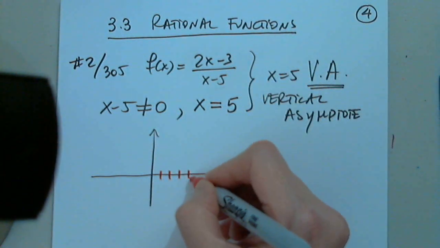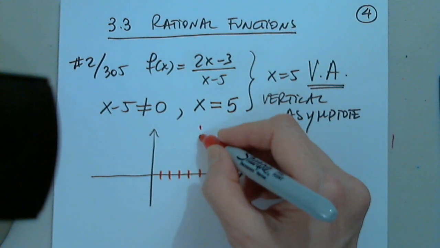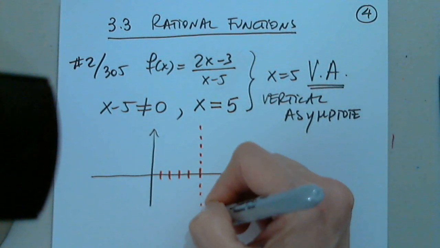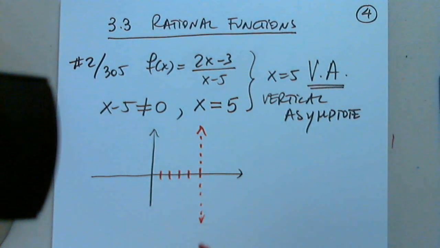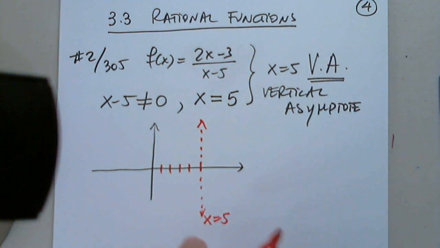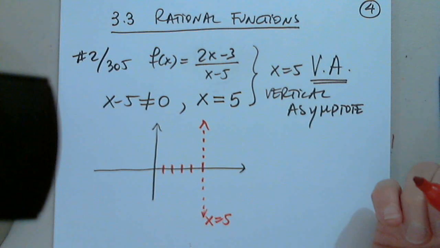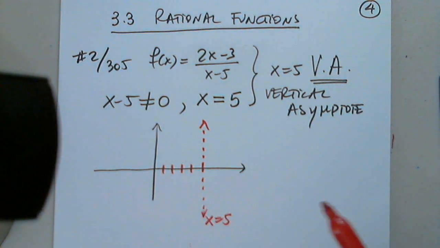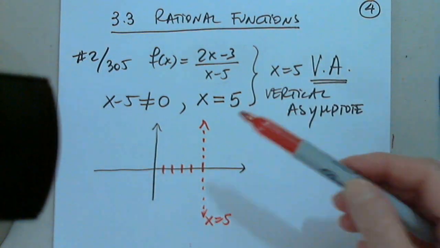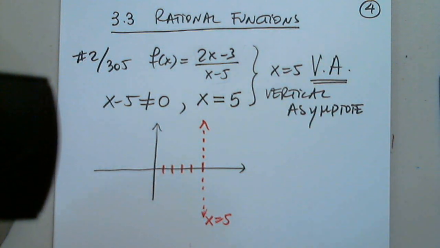So I have to graph the asymptote as a dashed line, and write x equals 5. The function cannot cross the vertical asymptote. The function is undefined at 5 and there is a vertical asymptote. So what does this mean?